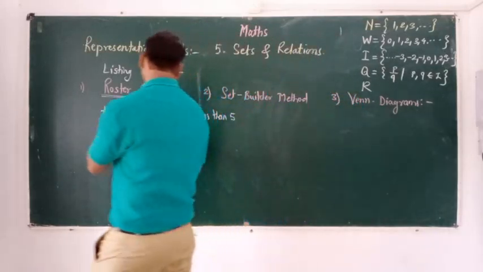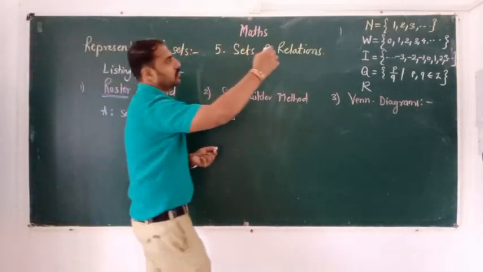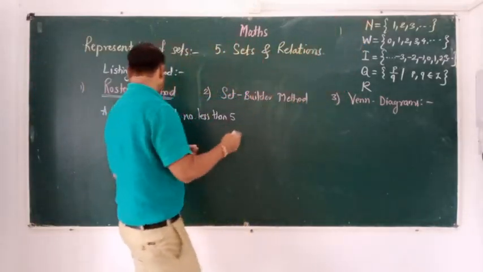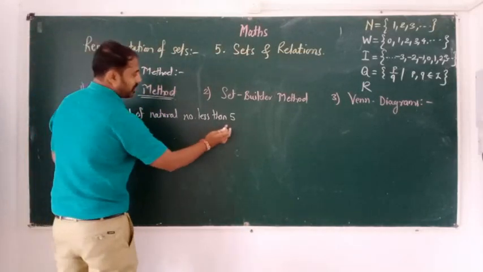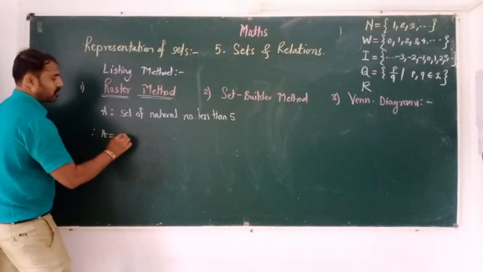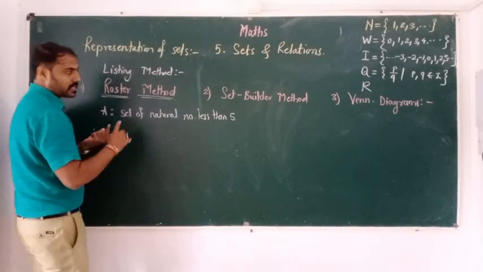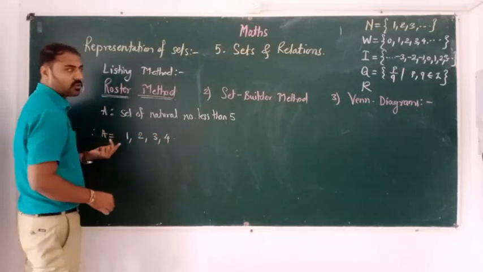Now tell me, the set of natural numbers less than 5. The set of natural numbers is 1, 2, 3, 4, 5, and so on. But less than 5. Less than 5 means what? Therefore, A is equal to, the first term 1, 1 is less than 5, then 2, 3, 4.